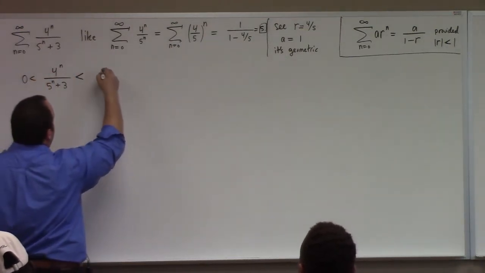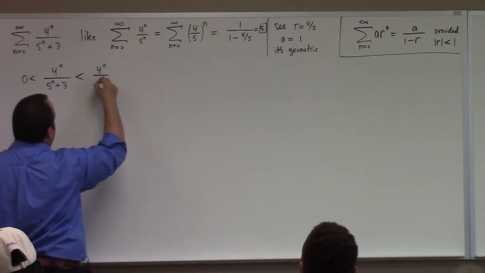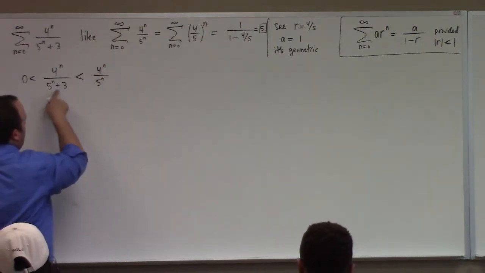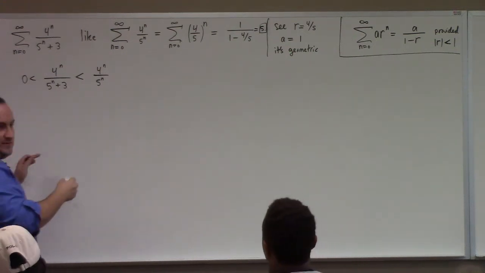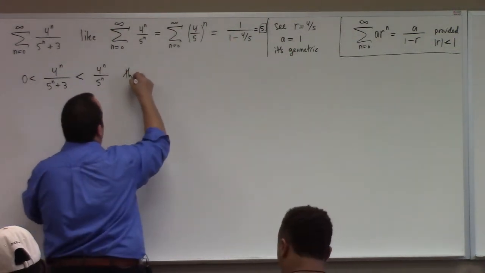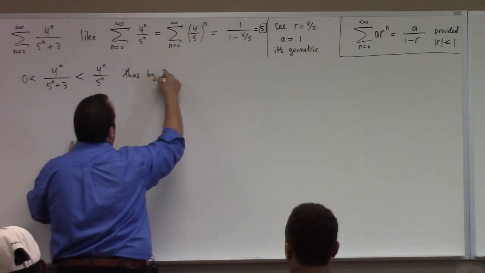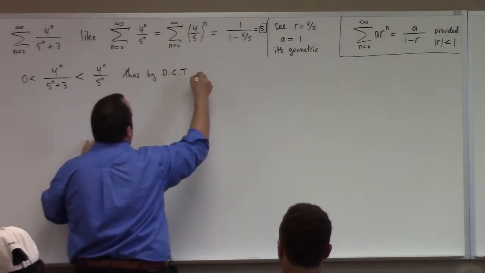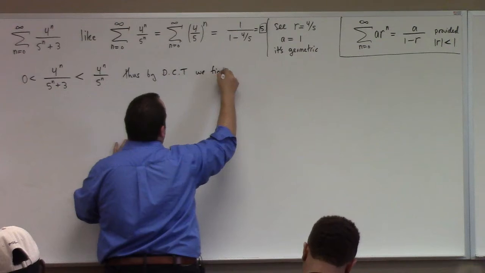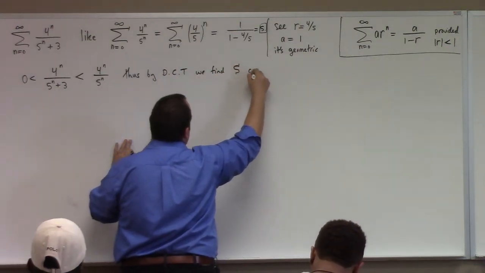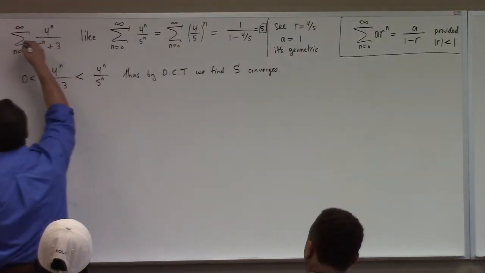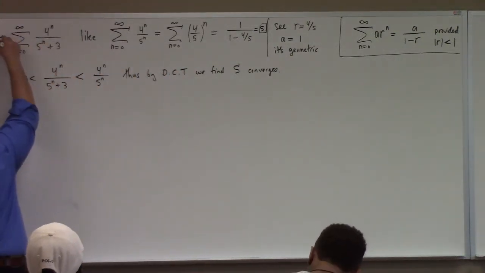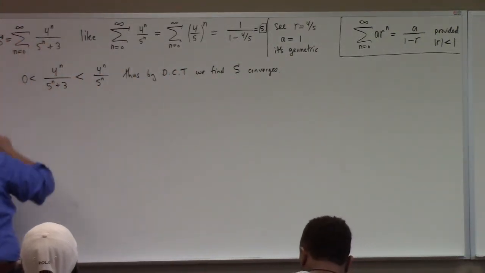I think direct comparison will do it for us because 4 to the n over 5 to the n is clearly, this denominator is larger than that one, so this inequality is legit. Thus by the direct comparison test, we find S converges. I'm labeling this as S because it gives me no joy to write it again. I want to be precise, but I also want to save myself writing.